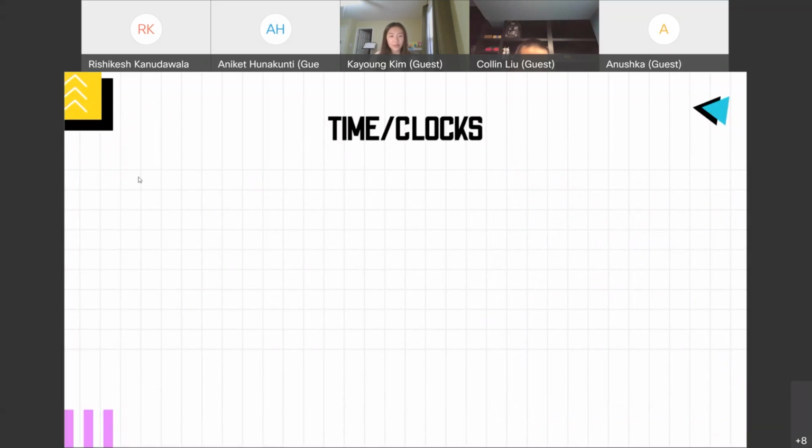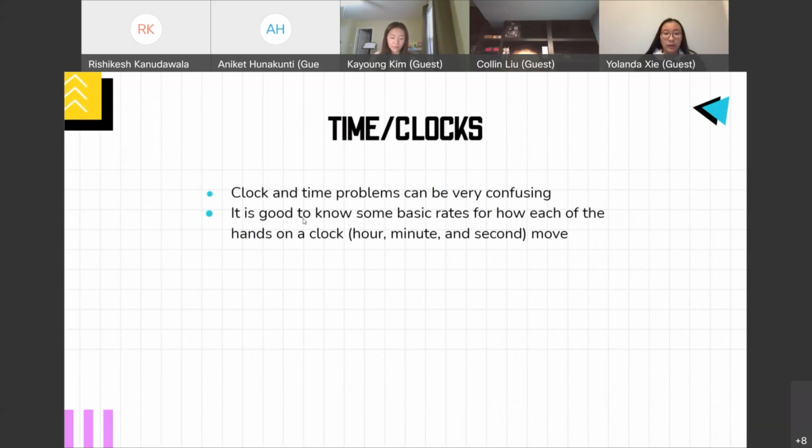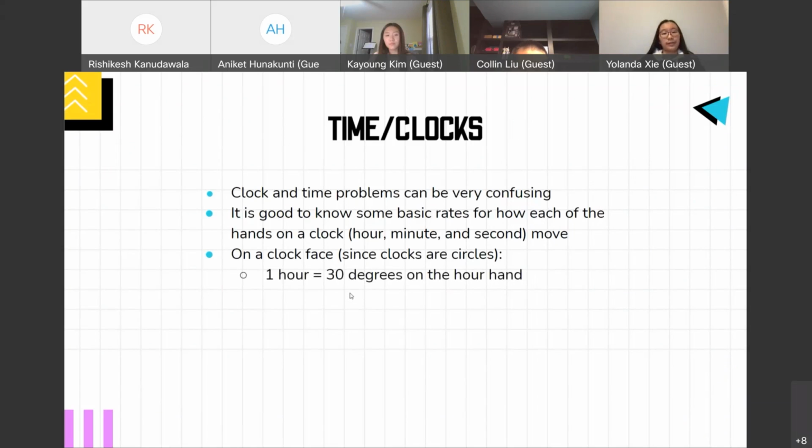Okay. So we're going to move on to time and clock problems, which are like rate problems but applied differently. It's really helpful to memorize some basic rates for how each of the hands on a clock are going to move. So this is something you should probably write down. A clock face is a circle, right?